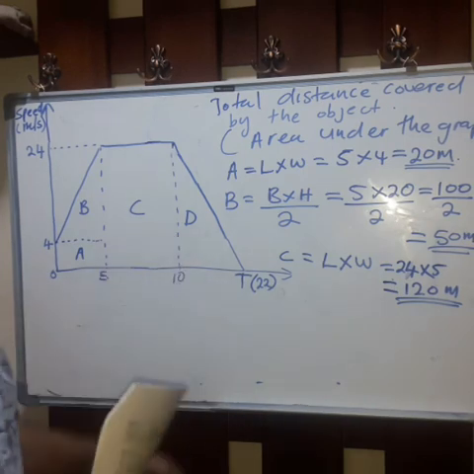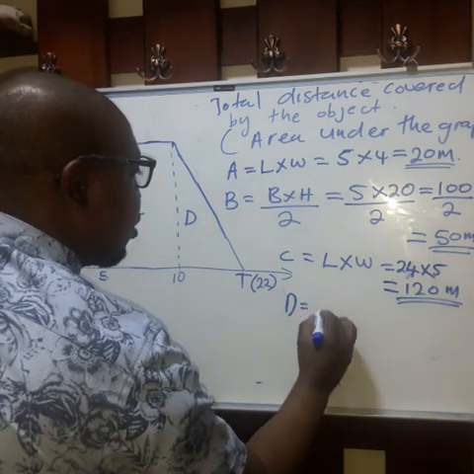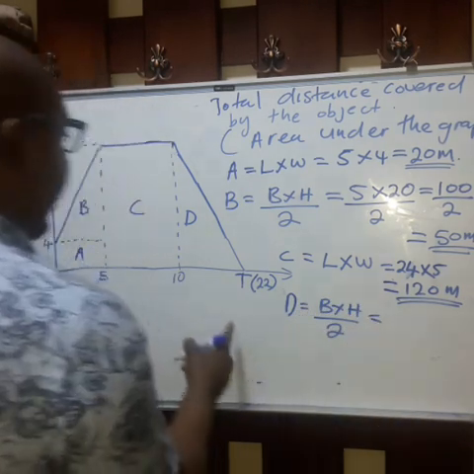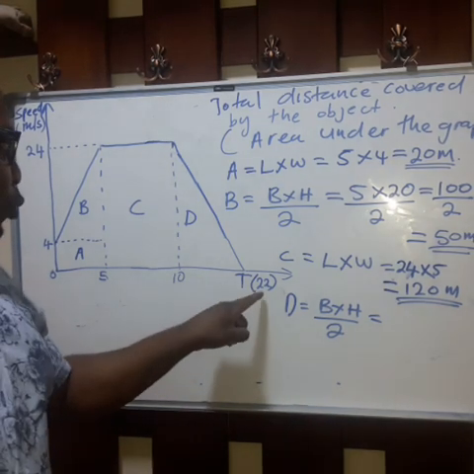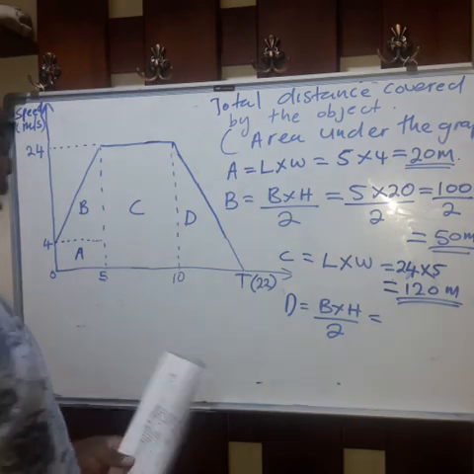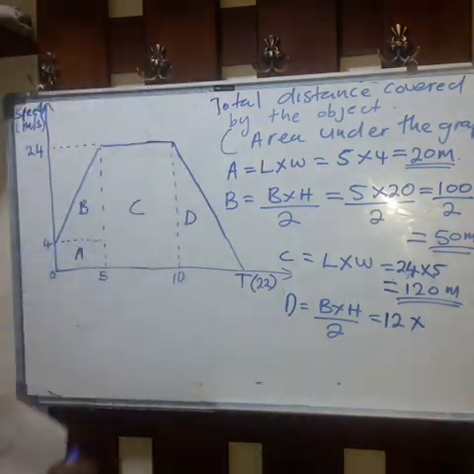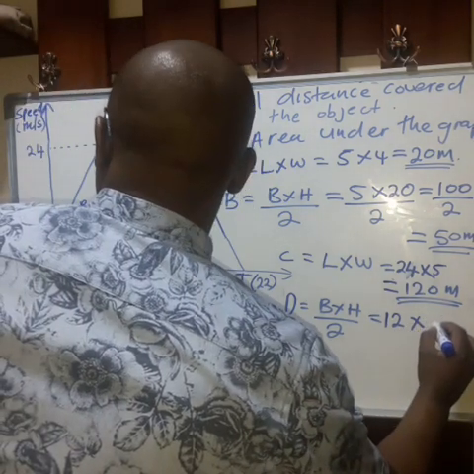The last part is part D. Part D is a triangle, so part D is equal to base times height divided by 2. My base, remember at the time we got 22 here. So 22 minus 10, my base is 12, right? Multiplied by the height, which is 24.